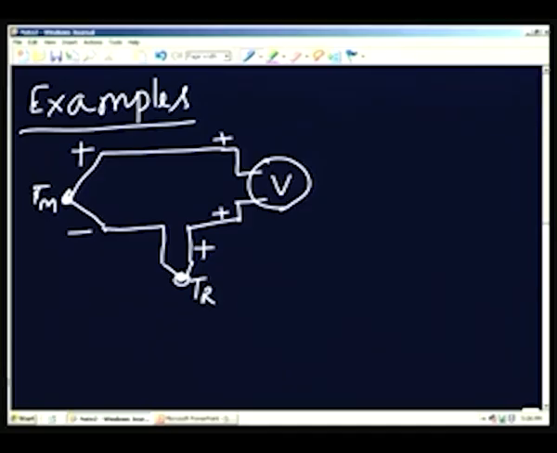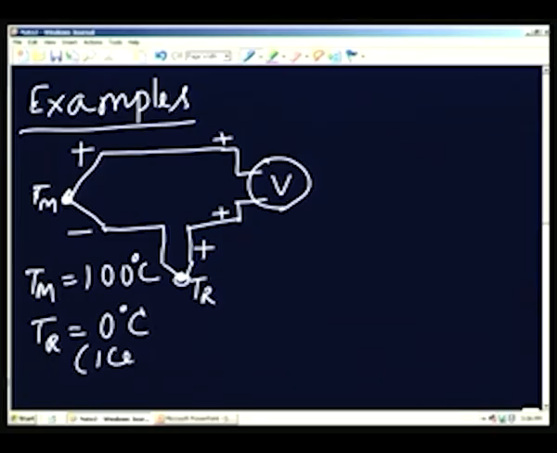So in the first example, I have the measuring junction at 100 degrees Celsius, and the reference junction TR is at 0 degrees Celsius, or the ice point, and I am using K type thermocouple.